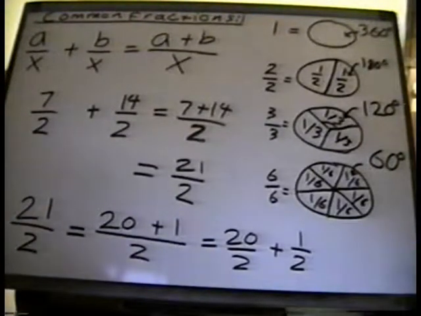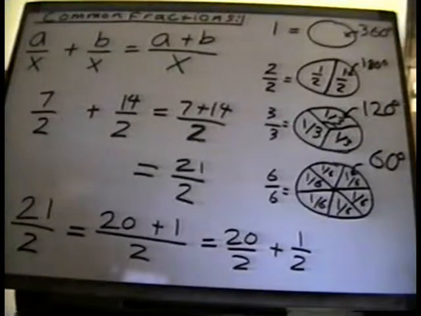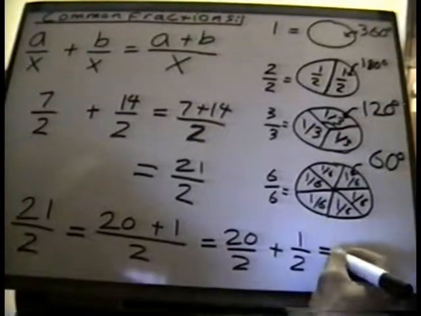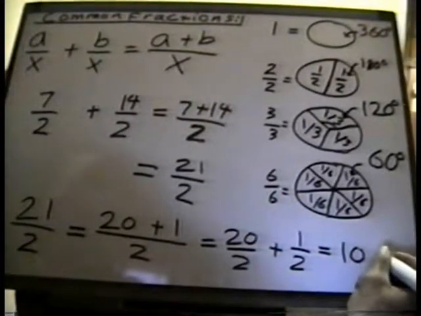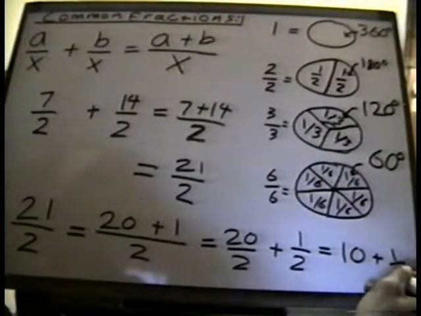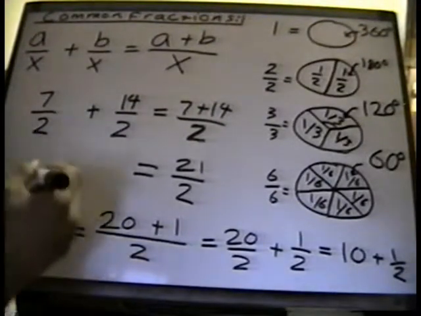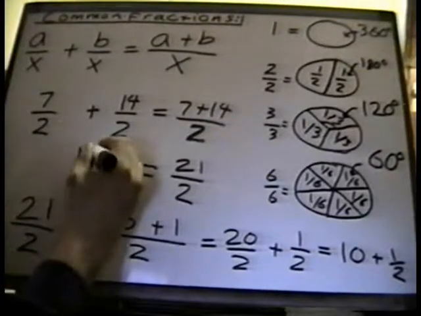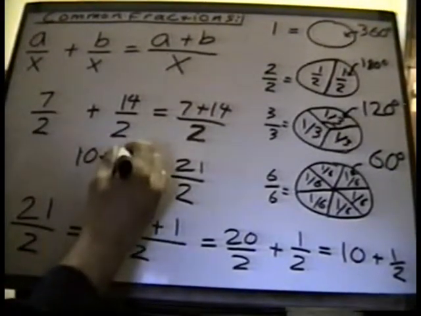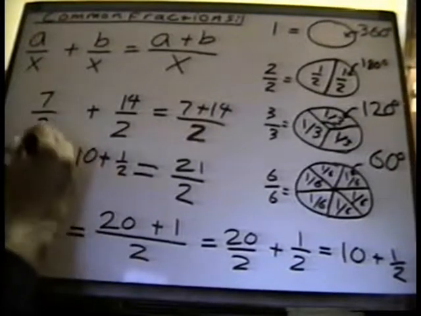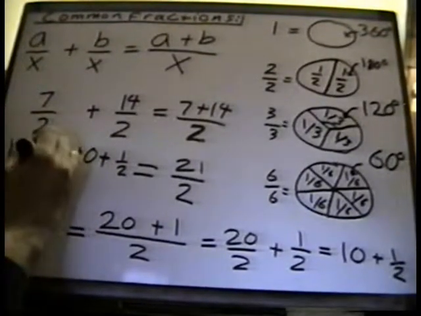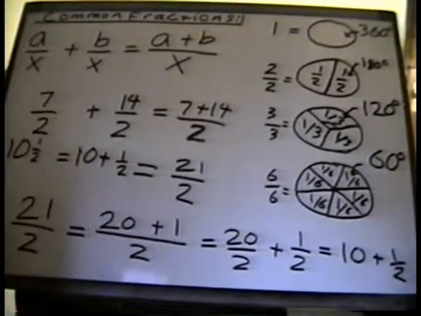Okay? So 20 over 2, that gives us 10. 10 plus 1/2. Okay? So 21 over 2 is 10 plus 1/2, or you say 10 and 1/2. That's a mixed fraction.